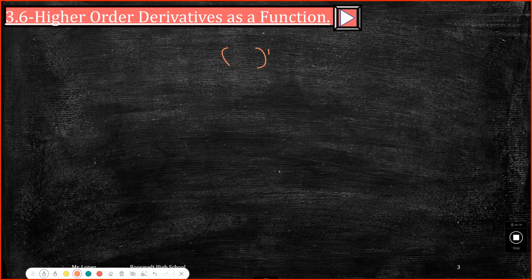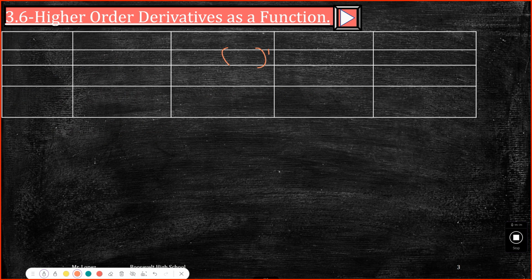Moving on. Higher order derivatives. Let's go to the lesson for today. So you can keep on taking derivatives. We've just been doing first derivatives, but it could keep on going.